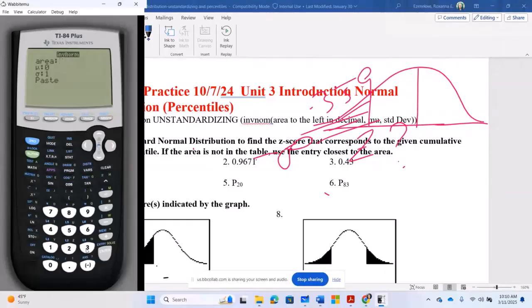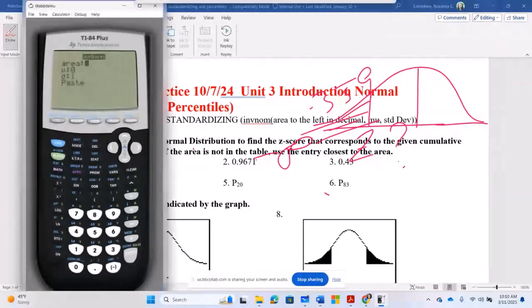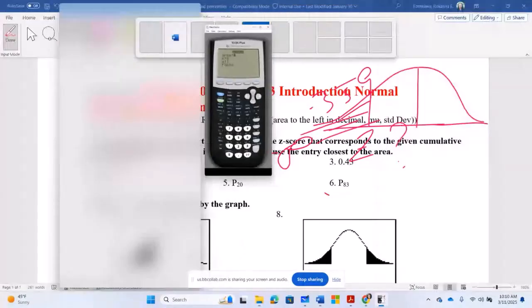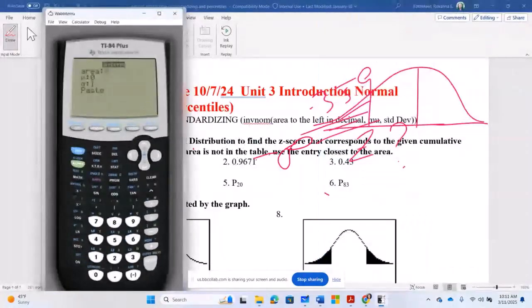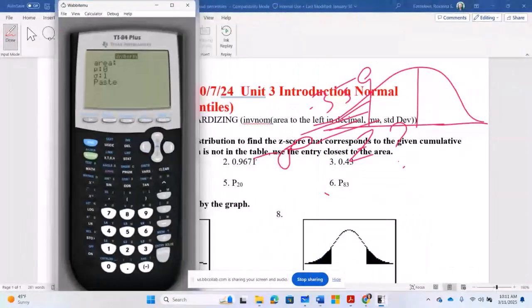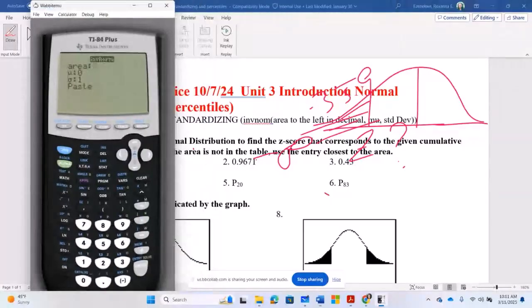The percentile is 0.3594. So that is the area given to me, 35.94%, 0.3594.